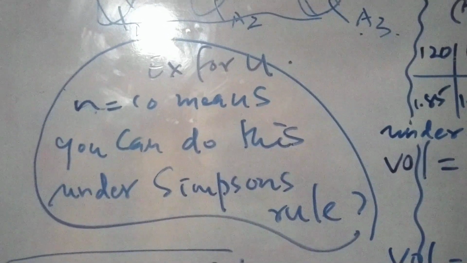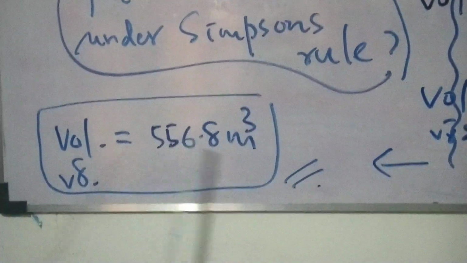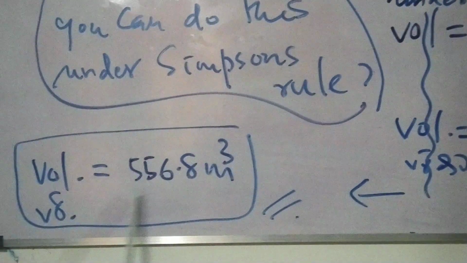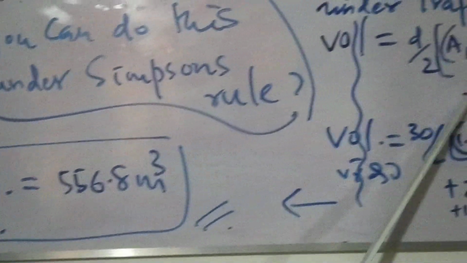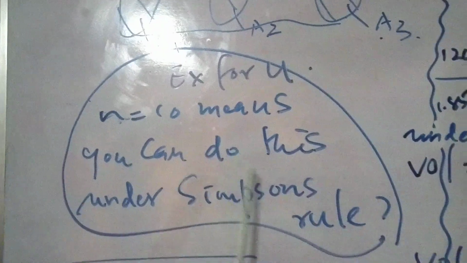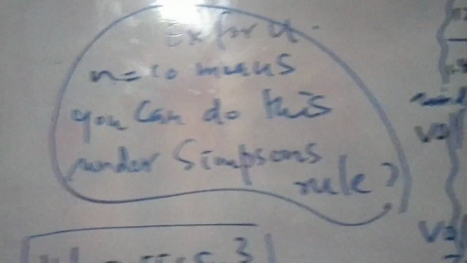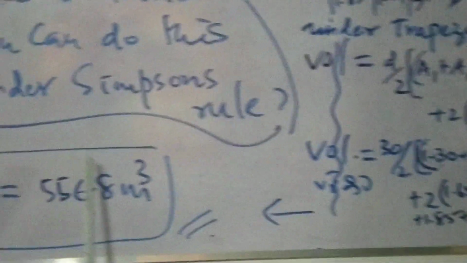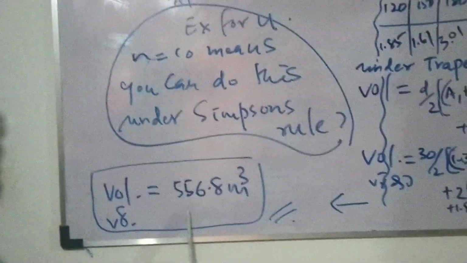You can check the two answers. This is 556.8 in the trapezoidal rule. You do this sum in Simpson's rule and check whether it is very near to 556. It should be 560, 580, 550, like that, right?